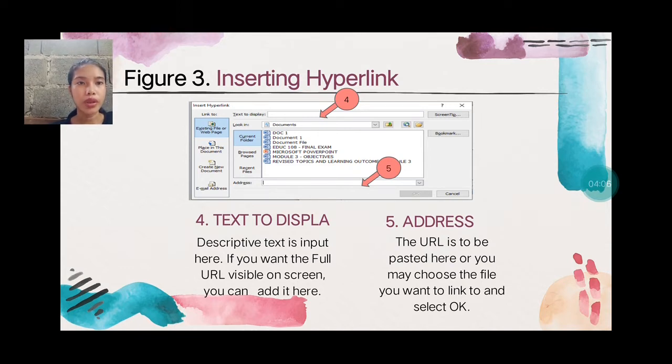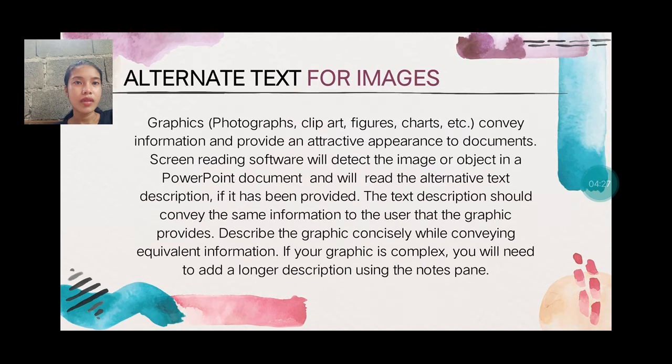If you want the full URL visible on screen, you can add it here. Number five, as you can see by the arrow below, is the address. The URL is to be pasted here, or you may choose the file you want to link to, and then you select the OK button.